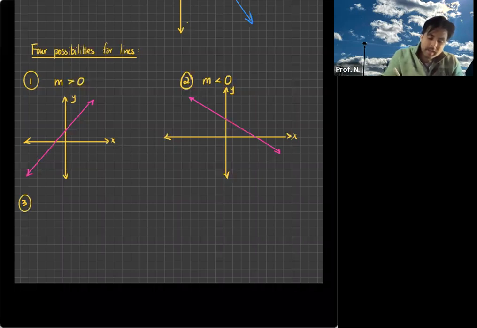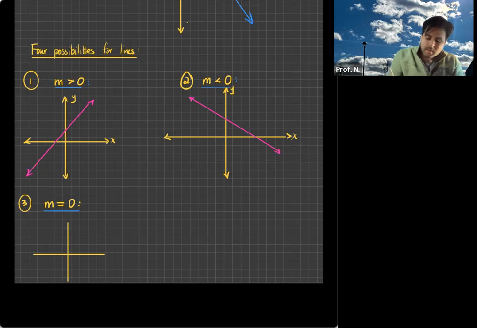Now, the third kind, so this is a positive slope, negative slope. The third kind is if the slope is equal to 0. Does anybody remember what happens if my slope is equal to 0? What would the graph of the line be? What if my slope is exactly equal to 0?